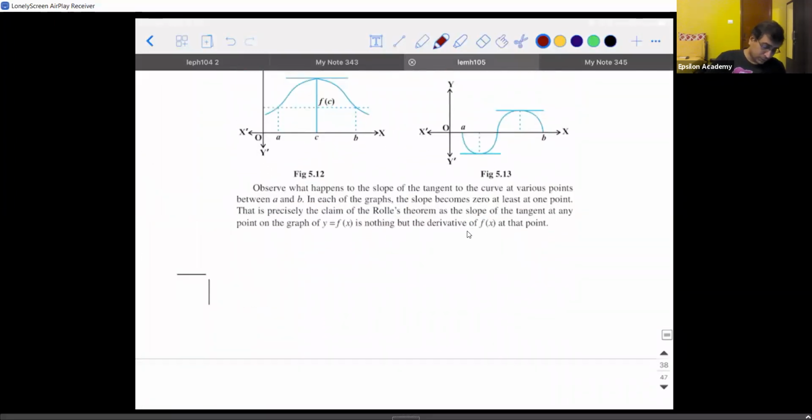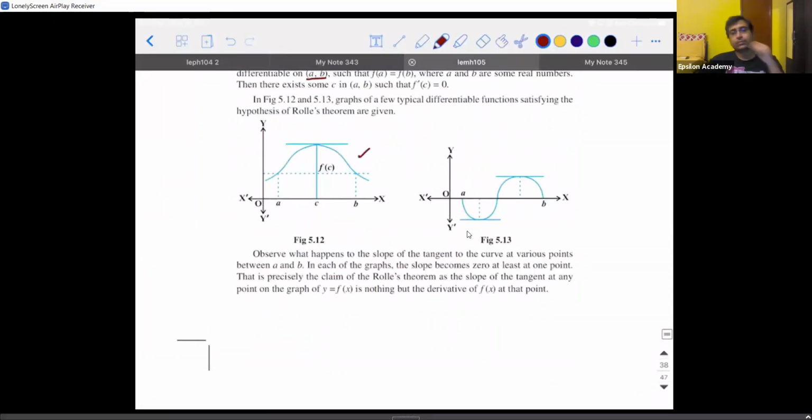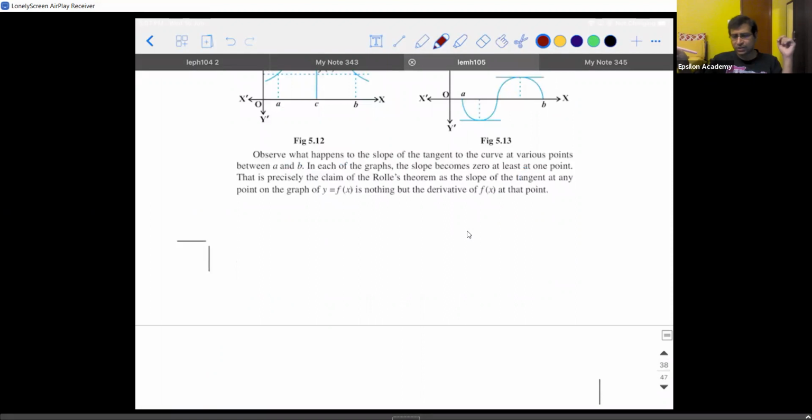Suppose there is a function. You will learn it in the next chapter: there are functions which keep increasing with respect to time, functions which keep decreasing, and certain functions which increase and then decrease. Suppose I have a function f of x. This point is a and this point is b. And it is like this.